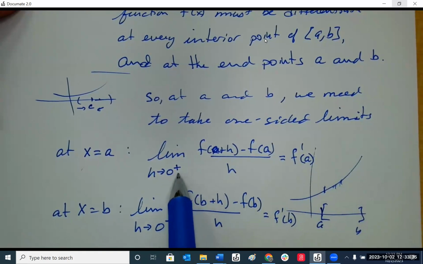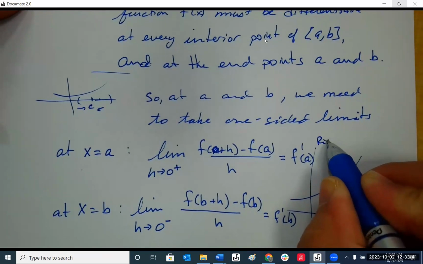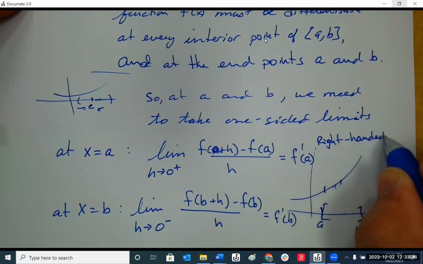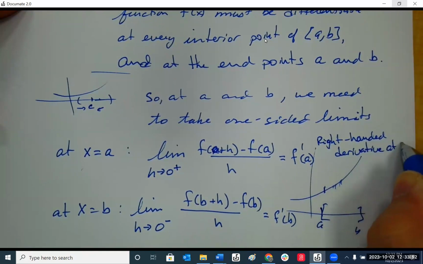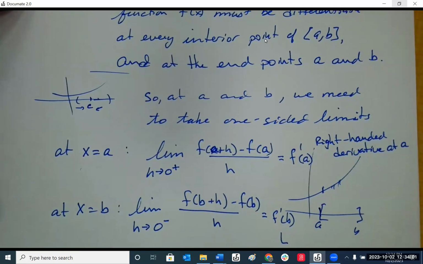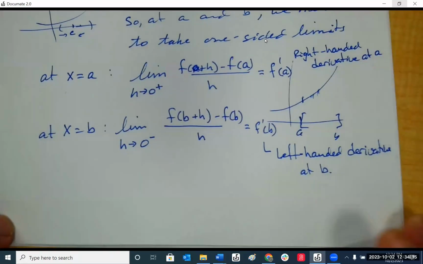Because we're approaching h of 0 from the right, this is called a right-handed derivative at A, because we're coming from the right. The other one is called a left-handed derivative at B.